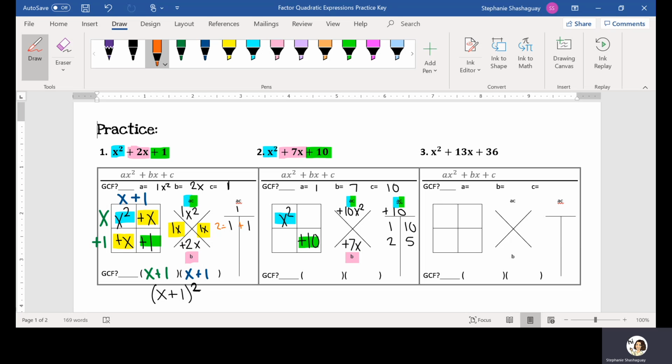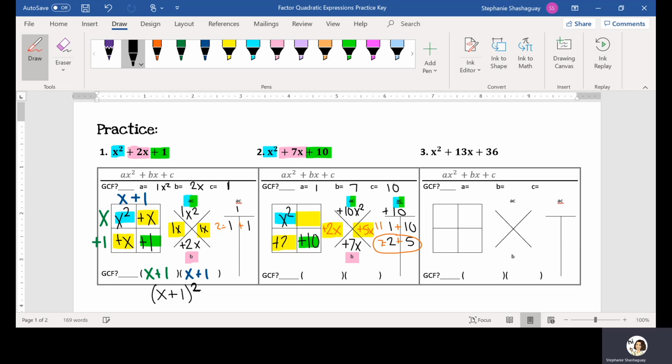Those are the only factors that I know of for 10. I'm going to add those together, and I get either 11 or 7. So that means that 2 plus 5, or positive 2x and a positive 5x are my solutions to my x puzzle.